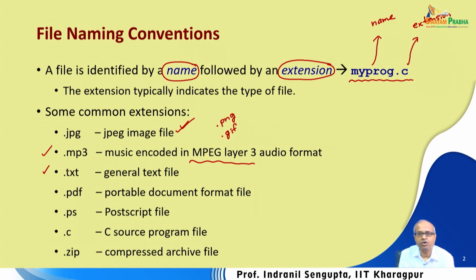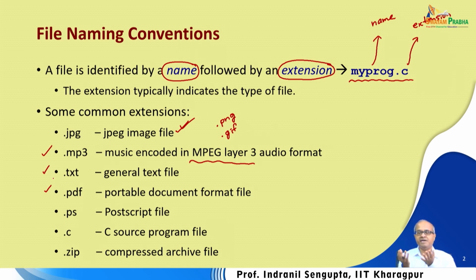Any file that has an extension .txt is expected to be a normal text file where the data that you store are simply ASCII characters. There are no special characters in the file. And as you all know, PDF is a very popular and common way of sharing files among different platforms and users.